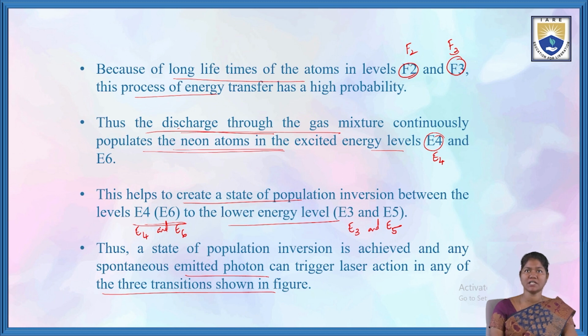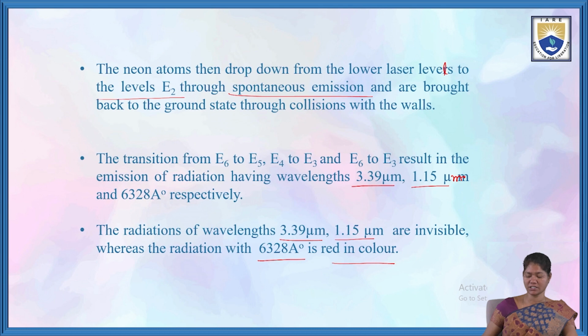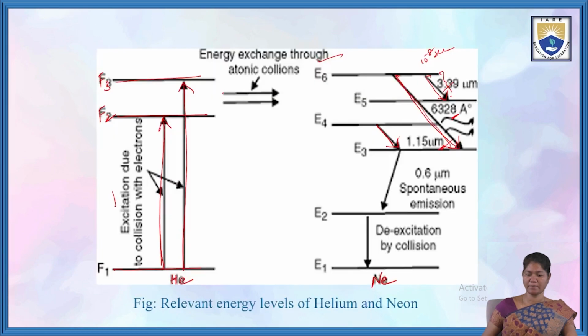So it achieves a state of population inversion between E4 and E6 and the lower energy levels E3 and E5, so that any spontaneously emitted photon can trigger laser action in any of the three transitions. That is, the three transitions: E6 to E5, E6 to E3, E4 to E3.